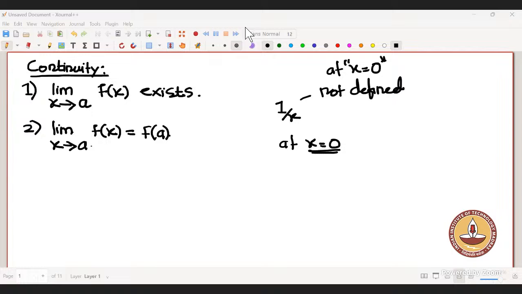Yes, sir. So my doubt is on activity question 8.3, activity question number 6.